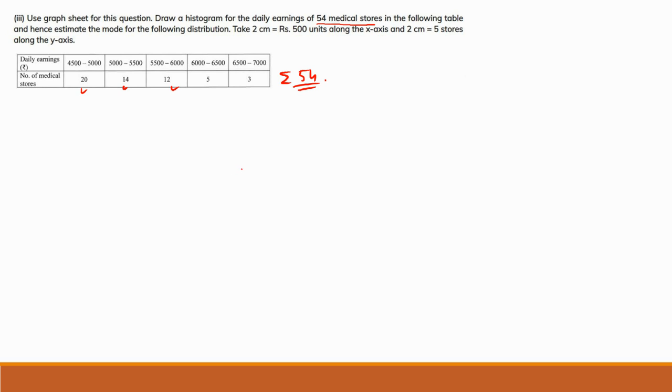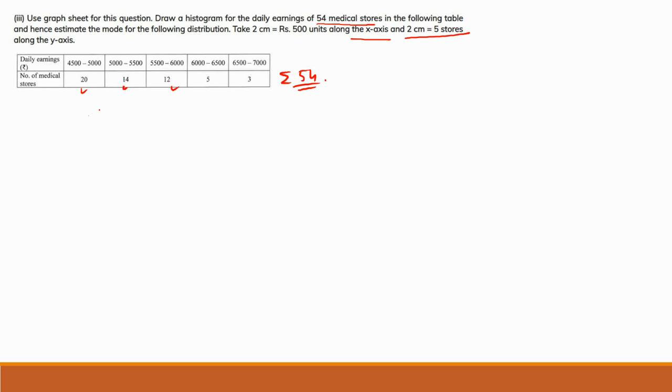We have the daily earnings of 54 medical stores in the following table, and hence estimate the mode of the following distribution. Take 2 centimeter equals rupees 500 units along the x-axis, and 2 centimeter equals 5 stores.